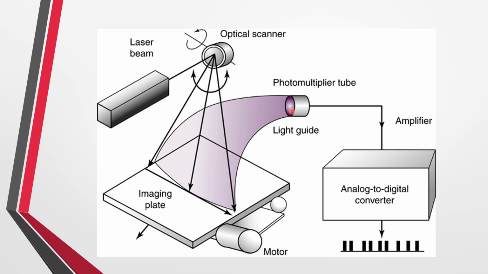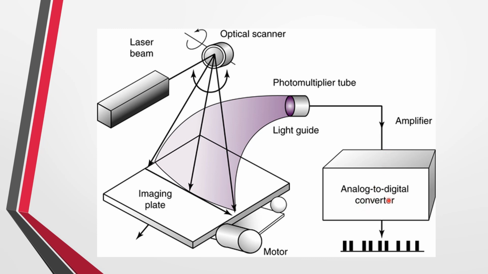Then here there's going to be a photodetector, which is going to detect the photons, the light that has been multiplied by the PMT, and that's going to be sent here. There's going to be some other steps that could be involved right in here for shaping the analog signal.